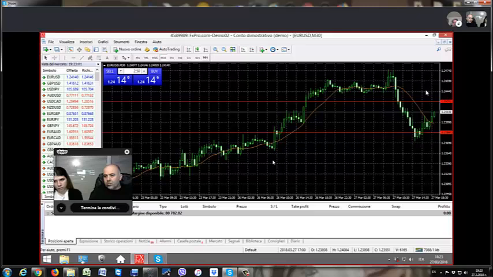It's just an example. Inside the trading range, of course, I'm flat. This is the professional technique that I use.